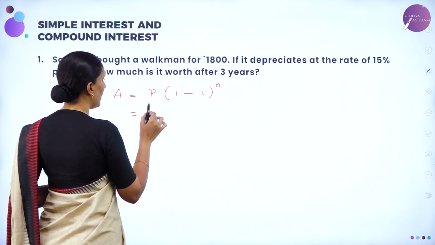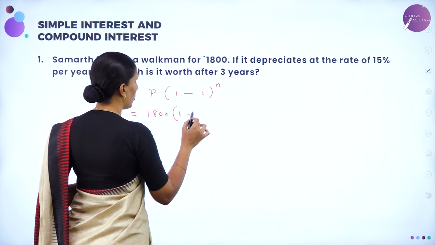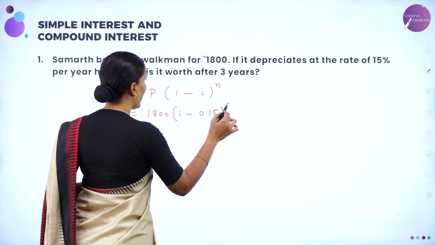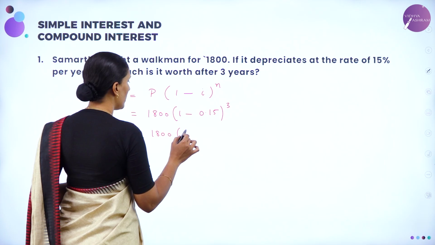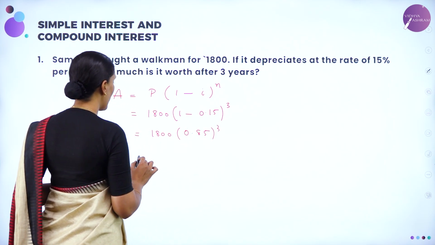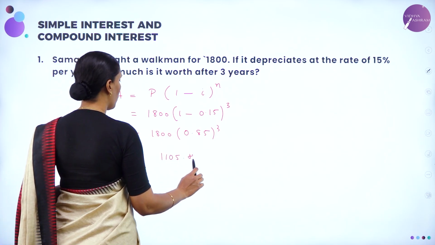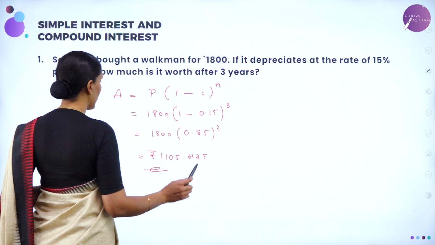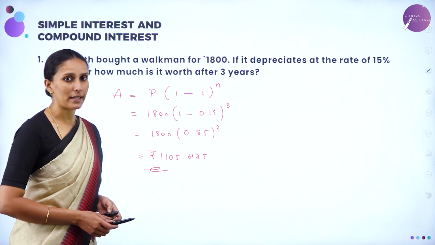So the principal or the initial value is 1,800 and the rate is 0.15, so 1,800 into (1 minus 0.15) to the power 3. So the final value will be 1,105.425 in terms of rupees. So this is the worth of the Walkman after 3 years of depreciation.